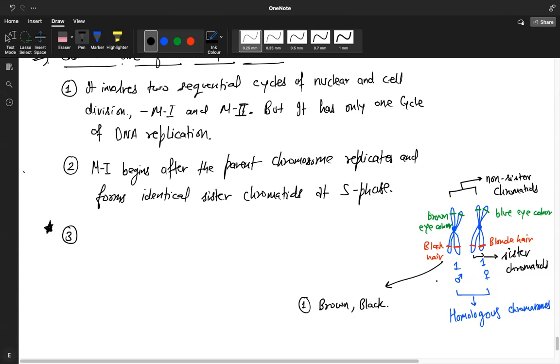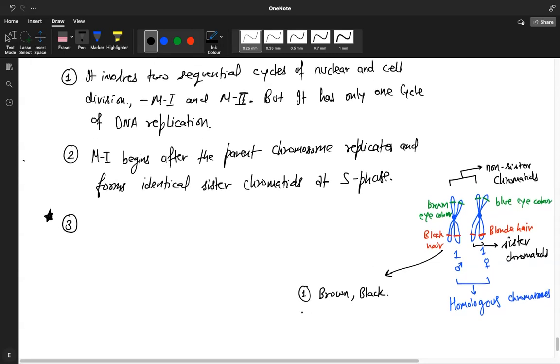Have you seen when kids are born, we say that, okay, this kid looks like the father, this looks like the mother. Sometimes people go one step ahead, it looks like the grandfather. The nose is like the grandfather, the chin is like the father. So basically, all these are characteristics. The other possibility is the kid can have blue eyes with blonde hair.